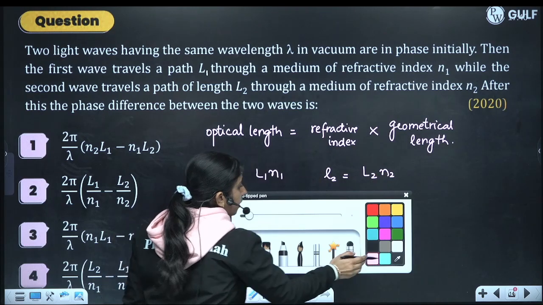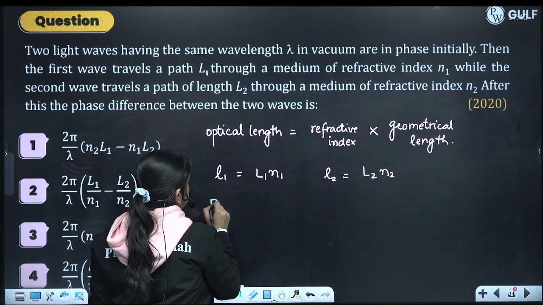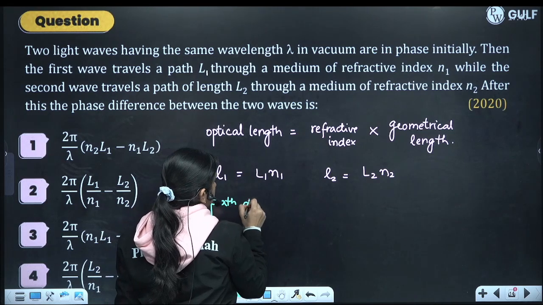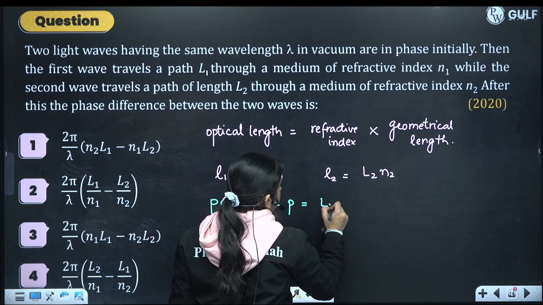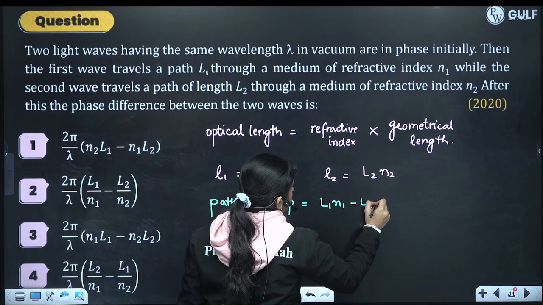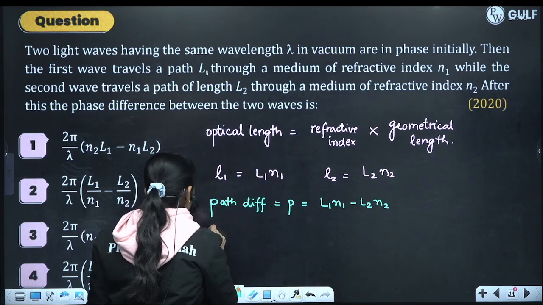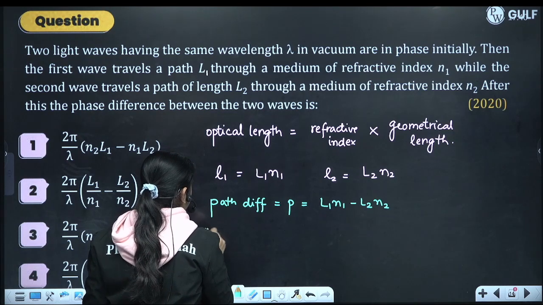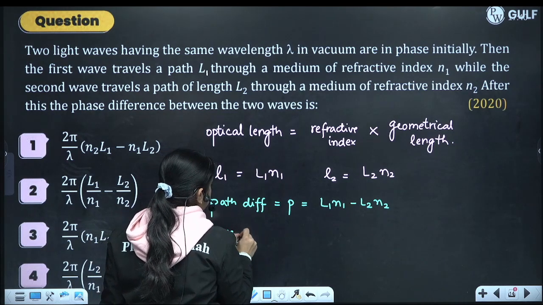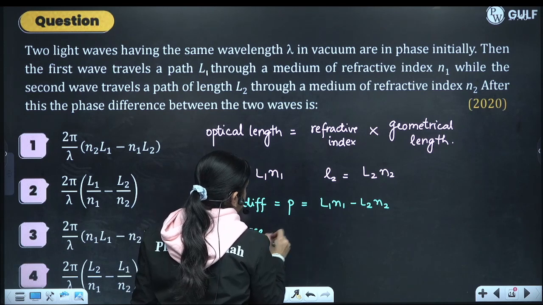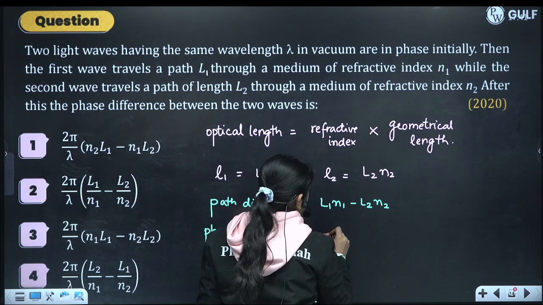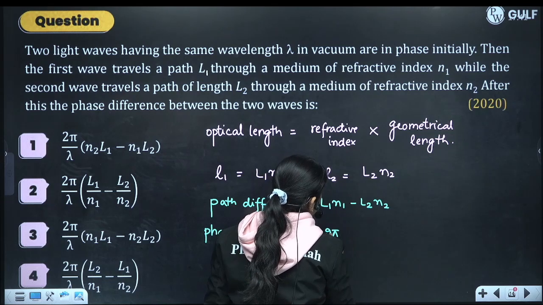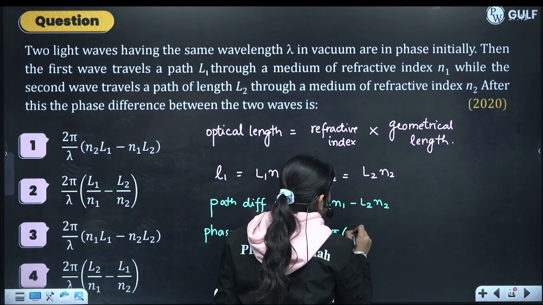So the path difference will be L1 N1 minus L2 N2. Now we have to find the phase difference, delta phi, which is equal to 2 pi by lambda into path difference.